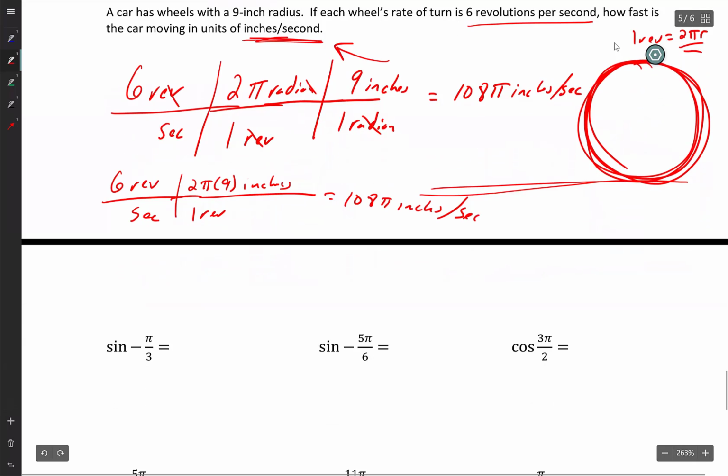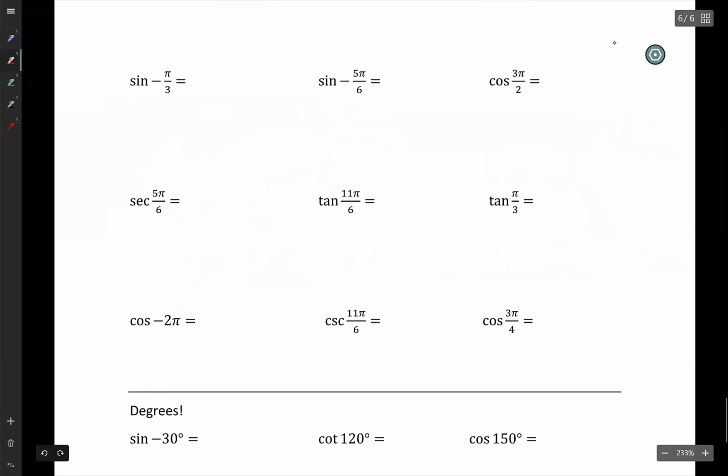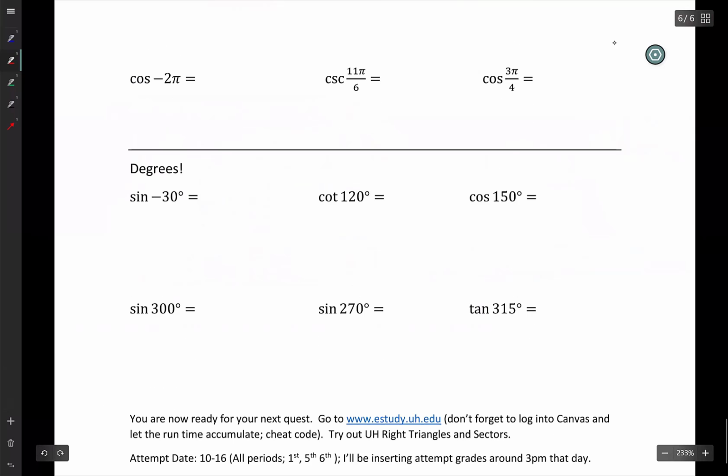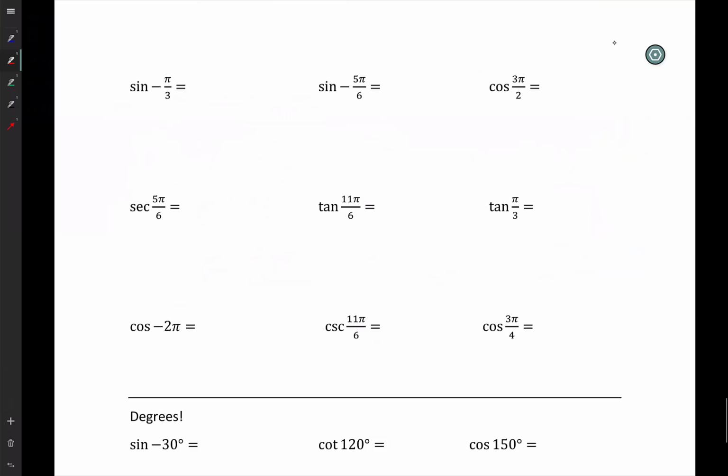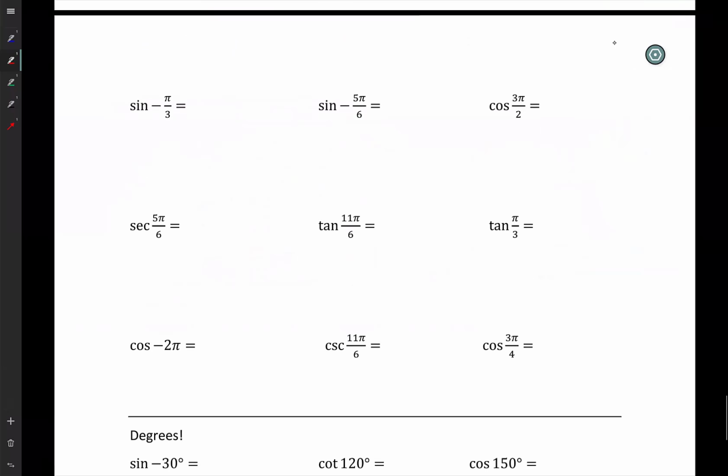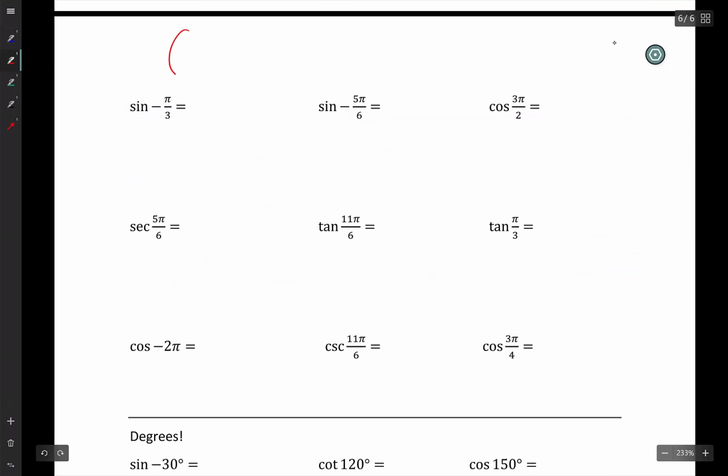Okay. I put this in here for review. Try to do as much as you can of this without looking at a unit circle. So I guess you can visualize in your head where negative pi over 3 would be. Positive pi over 3 is right here, but negative pi over 3 is down there.